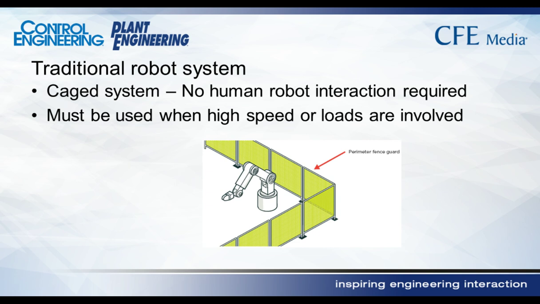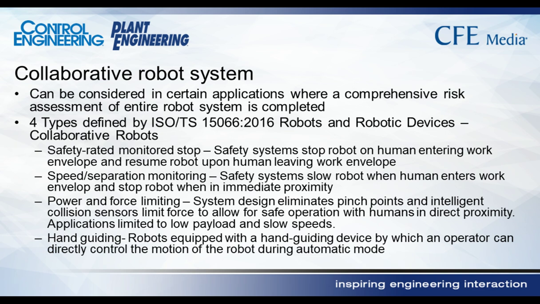A traditional robot system utilizes barriers for complete separation between human and robot. In systems like this, humans and robots only interact during maintenance or programming. These type of systems are often still required, especially in cases where high speeds, large loads, or hazardous materials are involved.